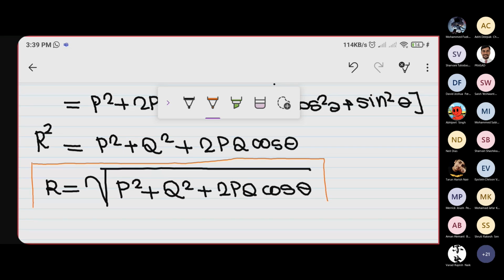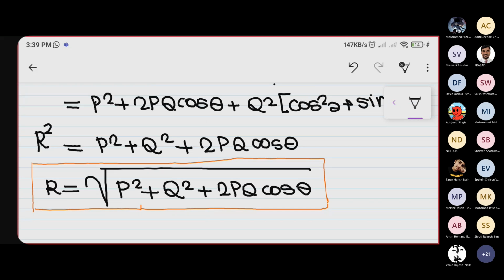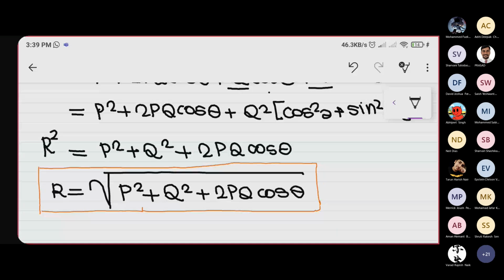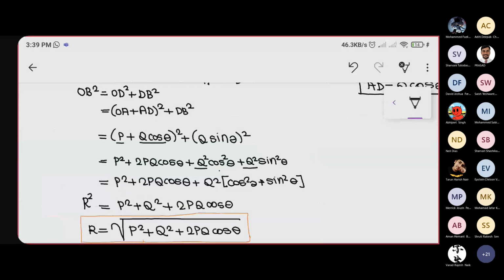So this is the final magnitude of the resultant. That is what R states: if two forces are represented by a parallelogram, then the diagonal passing through them will give a resultant. Okay. Now let's consider another triangle.